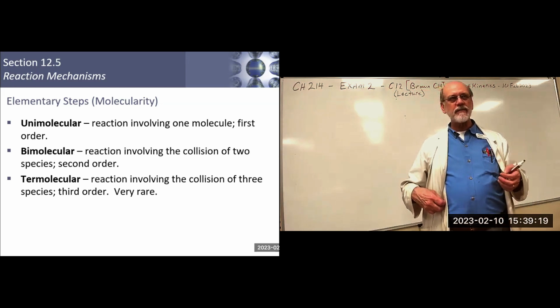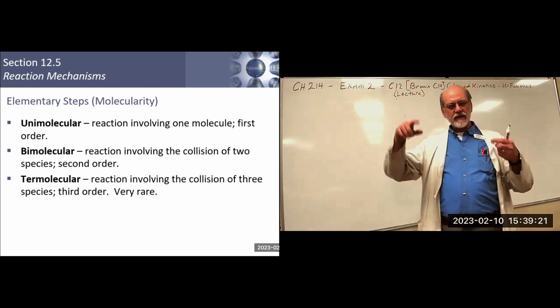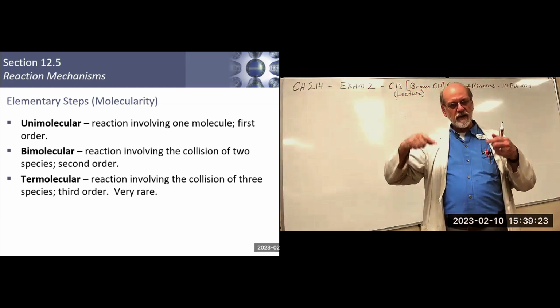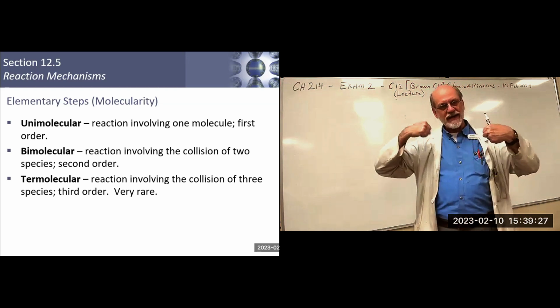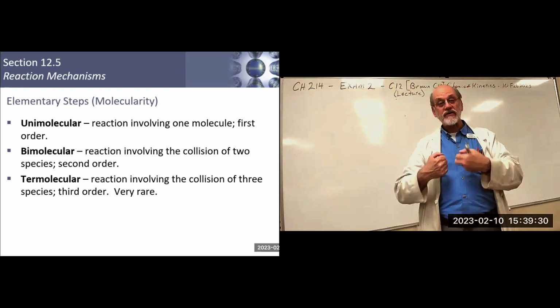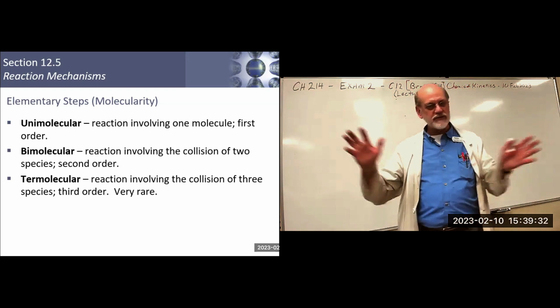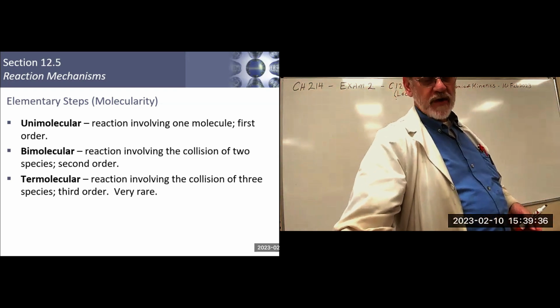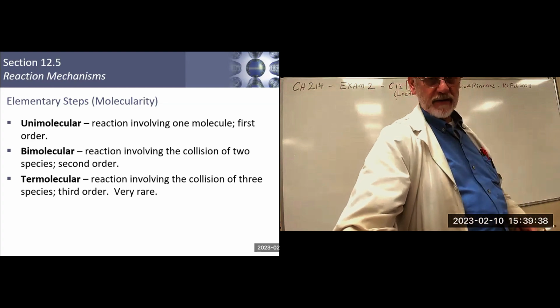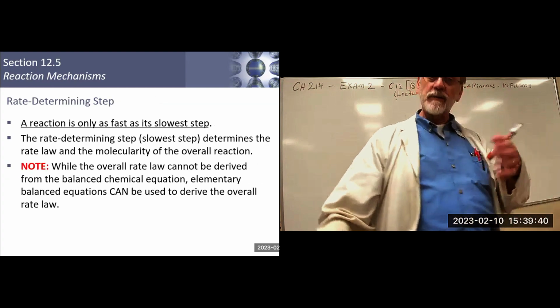Because think about the probability of getting three molecules to come together in exactly the correct orientation and exactly the right energies for the reaction to occur. It's almost impossible, very rare. Most reactions are either unimolecular or bimolecular in their elementary steps.